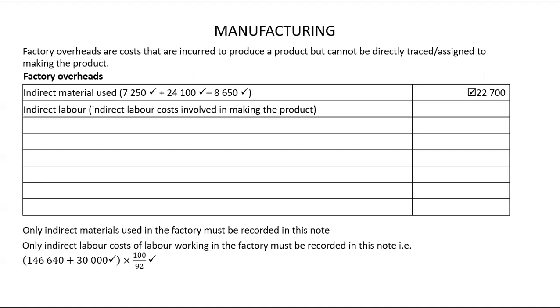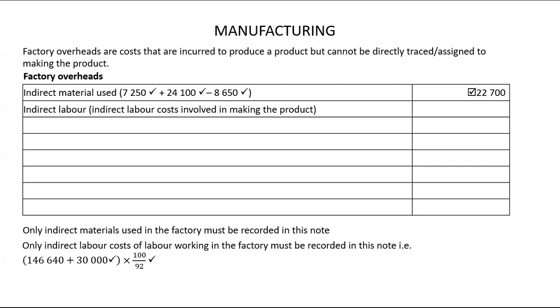This is because when you add that, the 176,640 was after UIF and pension, so it is at 92%. That's why I'm dividing by what I have, but multiplying by what I want, because I want 100% of it. When I do this, it'll give me 192,000.